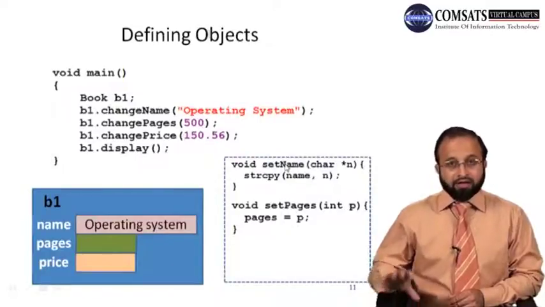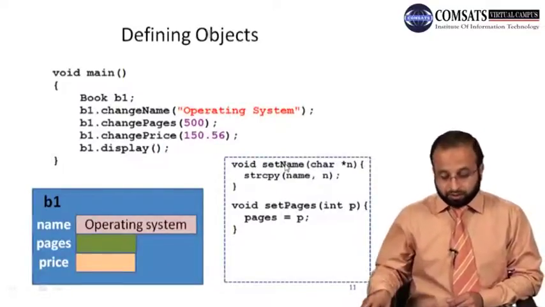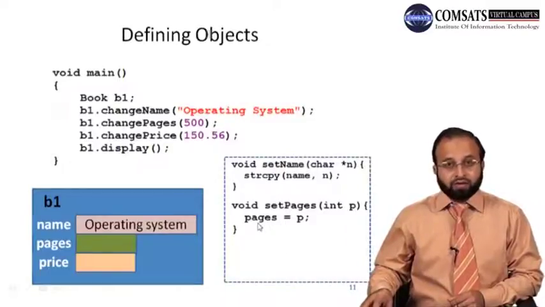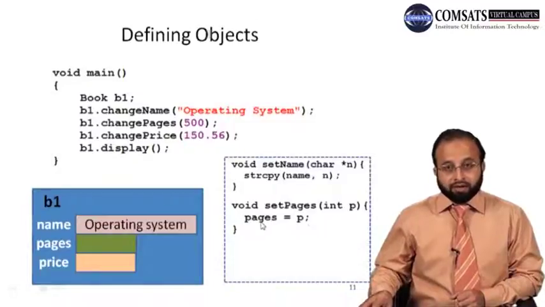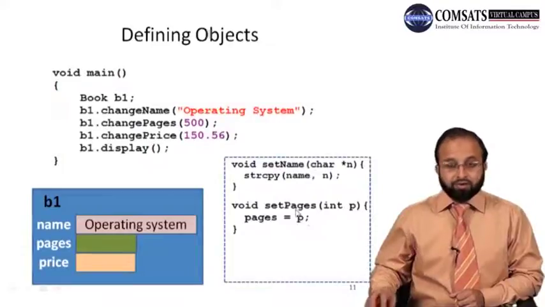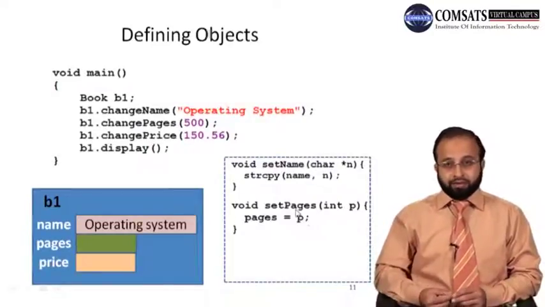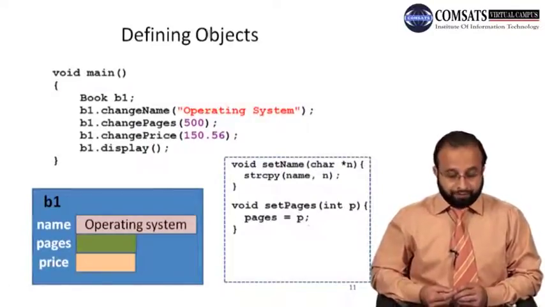This set pages function and set name function are inside the definition of the class. I am just showing it here to tell you how the values are assigned. So whatever value you pass will come into p, and then you are copying the value of p into pages. And pages is the private data member of which object? The object with which you called the set pages function from main, that object's pages, and that is b1.